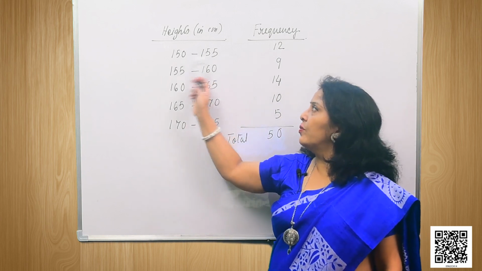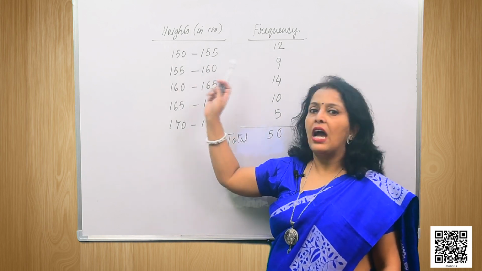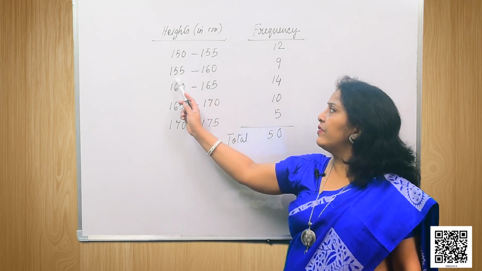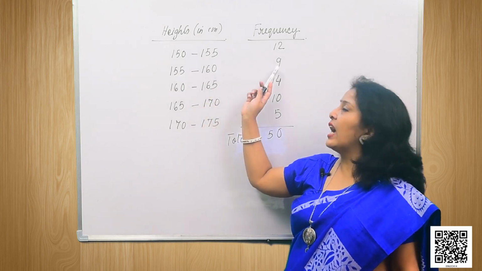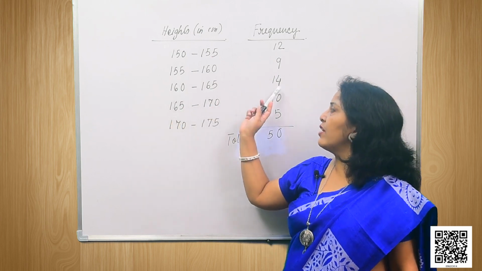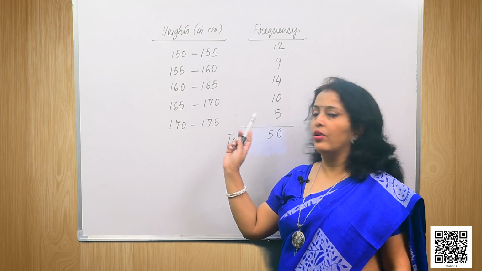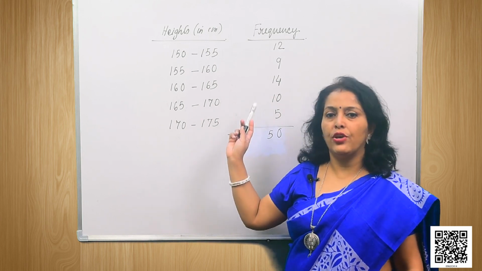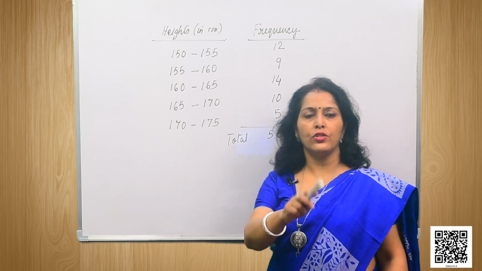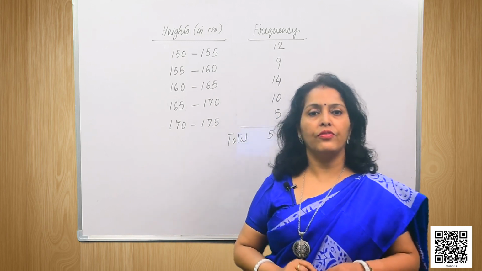Now in this group 150 to 155 I found total 12. Then 155 to 160 we have total 9 children and between 160 to 165, 14 children and so on. Here also to be sure I have added them all and got 50, as in the question also it is given there are total 50 students.